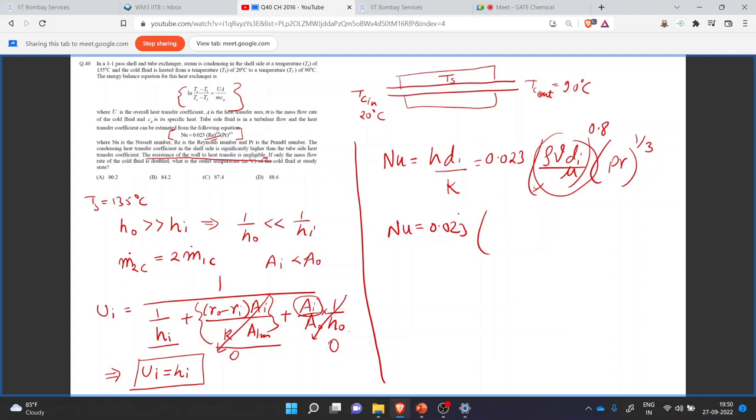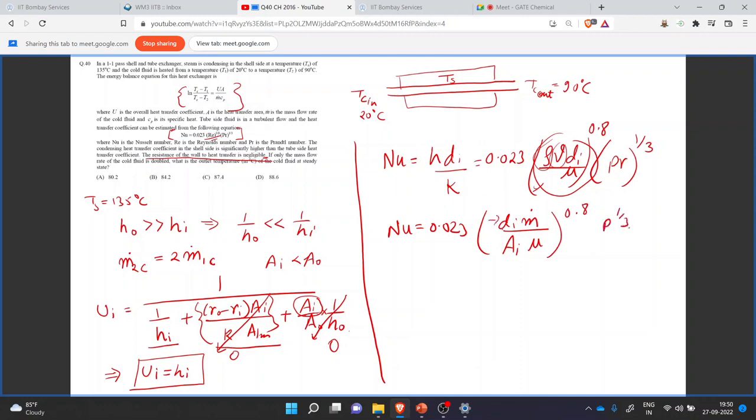By using the density and the velocity, you can change this into mass flow rate as m dot upon Ai, where Ai is the heat transfer area of the inner side, upon mu, raised to 0.8, into the Prandtl number raised to 1 by 3.